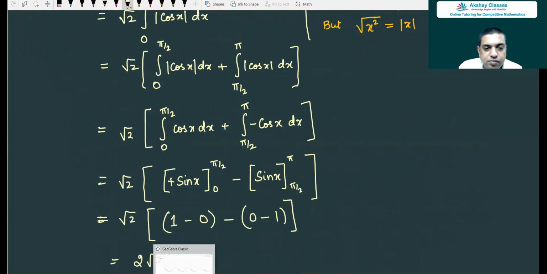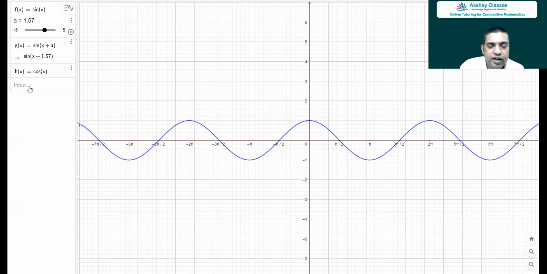Now when I take a modulus, modulus of cos x, this function in orange color is the modulus of cos x. What is happening? Modulus of a number gives the absolute value of the number without the sign.